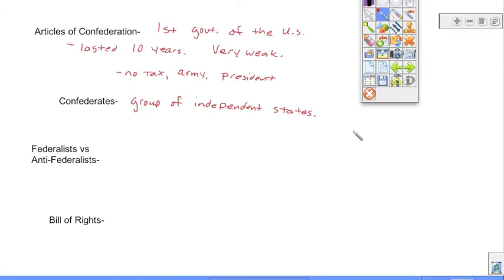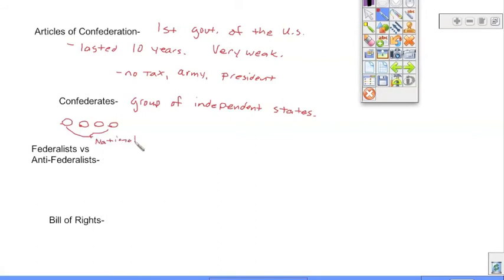They were all independent bodies, okay? In the United States, we do have 50 separate states that have their own governments, but above them exists a national or federal government. Under the Articles of Confederation, that didn't really happen. It was kind of like there were all these independent states, and then beneath the states was the national.